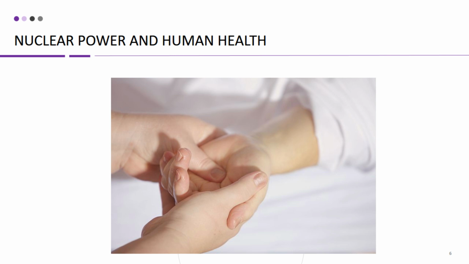In order to minimize the risk of harmful radiation exposure, nuclear power plants must adhere to strict safety standards and regulations. This includes regular monitoring of radiation levels in and around the plant, emergency preparedness plans, and training for plant personnel on how to respond to potential incidents.